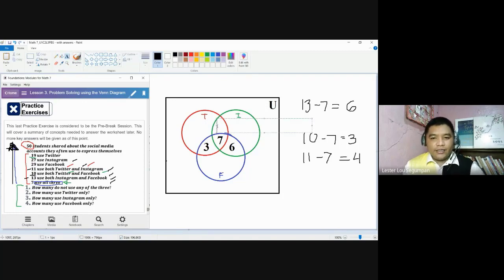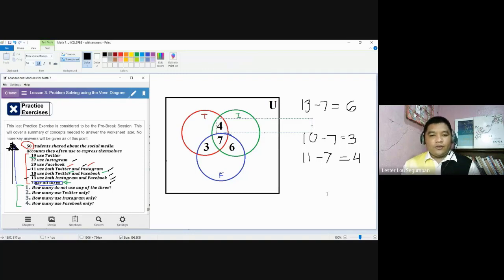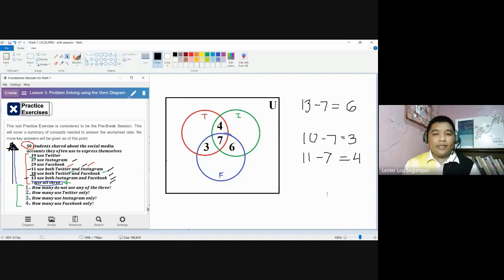So this is 4. So this is the second step. Again, the first step is placing the number or the item on the middlemost intersection, 7. And the next steps include the next intersections, considering to subtract the value that is already placed in the middle so that there should be no duplication.